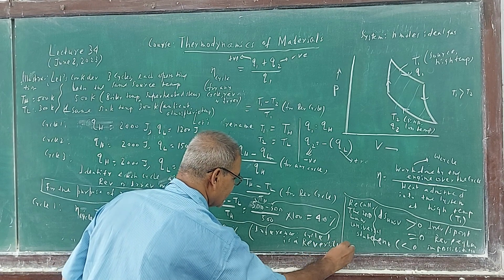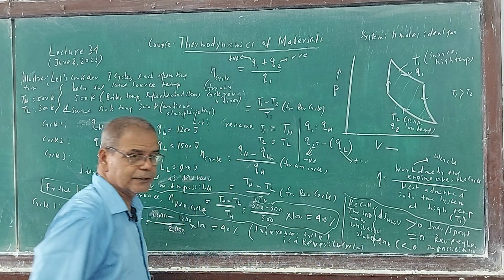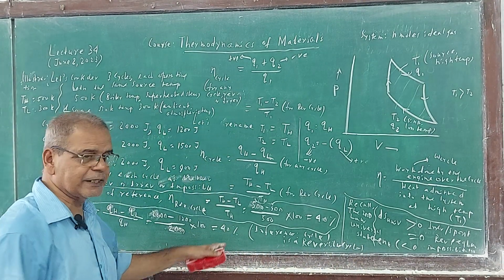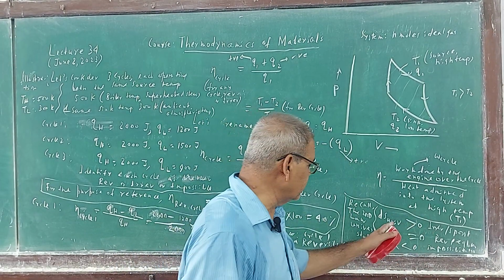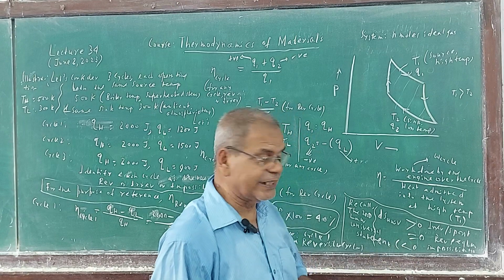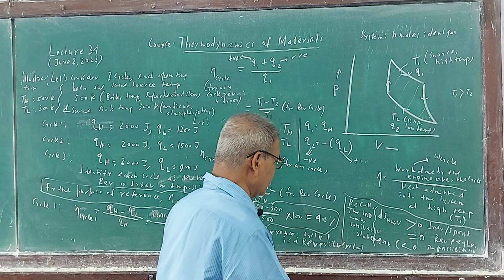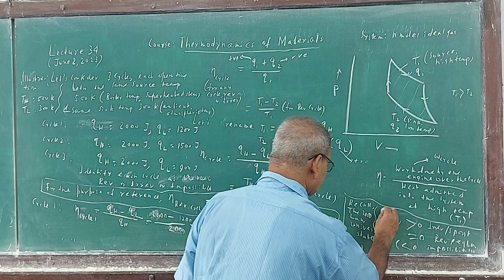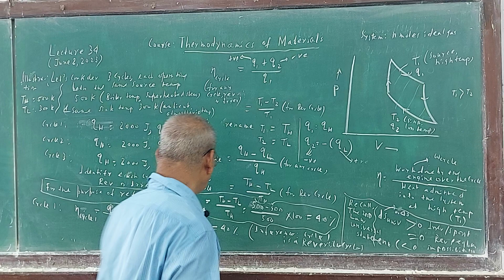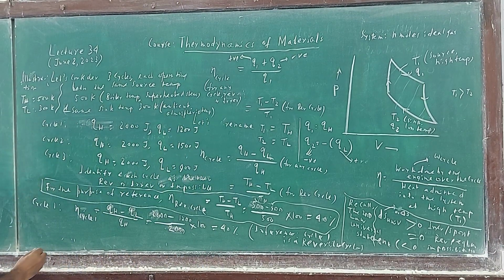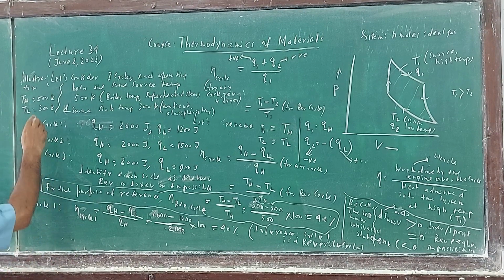To be reversible, the criterion in terms of the second law, the universal criterion, is delta S. I don't have much space, so I will remove this. Th is 500, etc. Can I remove the top? Right. Cycle 1 is complete.